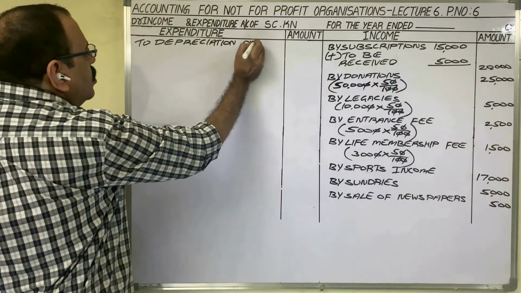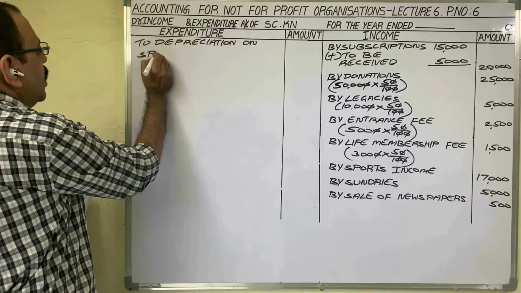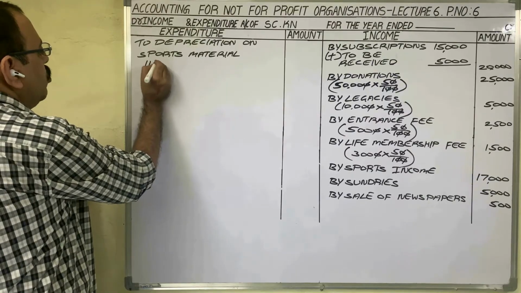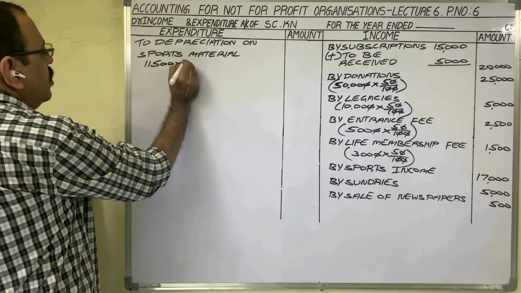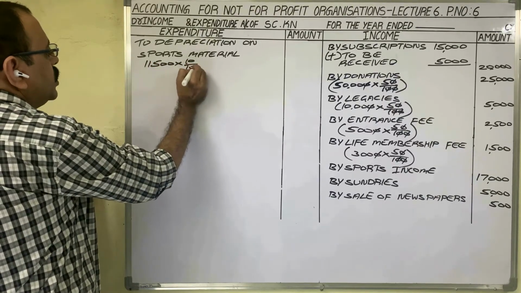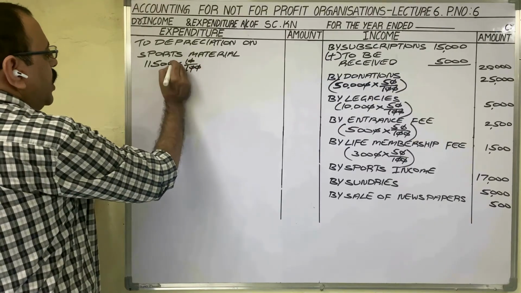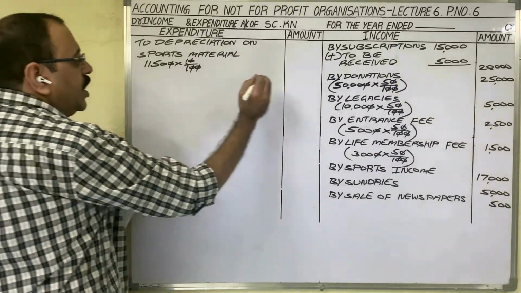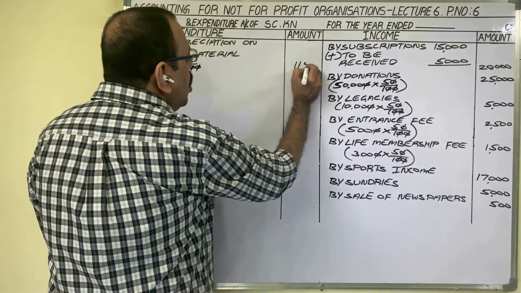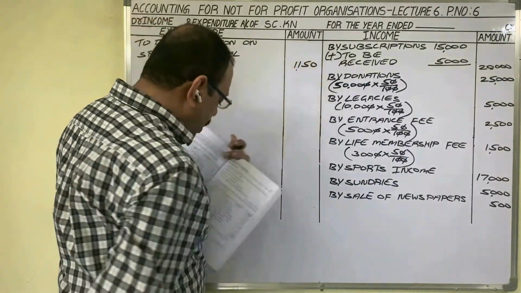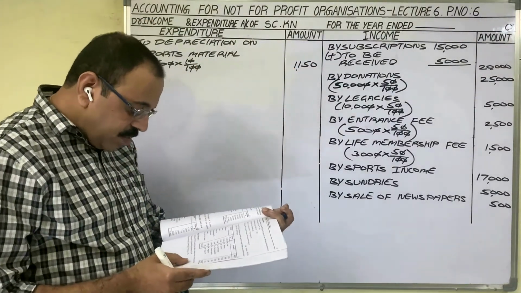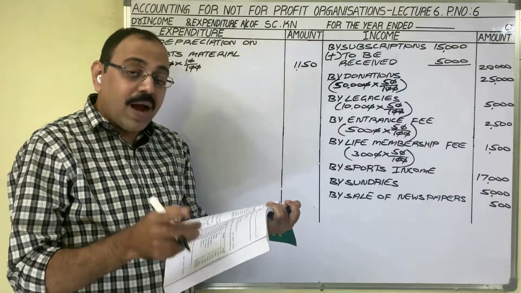Depreciation on sports material. Sports material value 11,500. On that 10% depreciation we have to provide. It is 1,150.